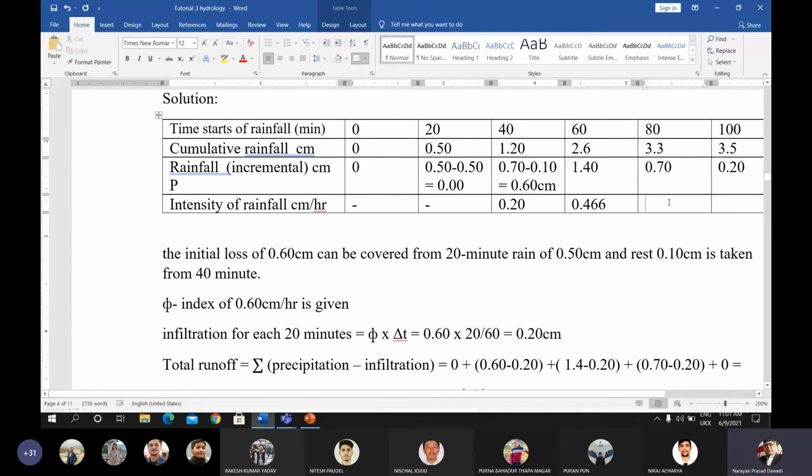For this 70, 0.7 into 20 divided by 60, which gives 0.23.